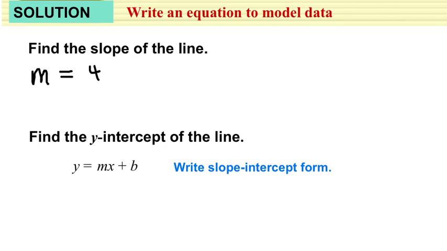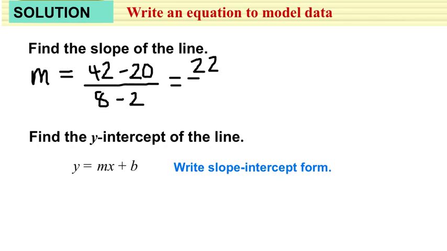So let's take 42 minus 20, those are my y values, and divide by 8 minus 2, those are my x values. Alright, pause the video and see if you could calculate this on your own, and then check your answer. You get 22 over 6, which is 11 over 3 when we simplify it.